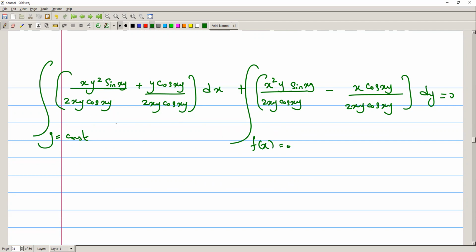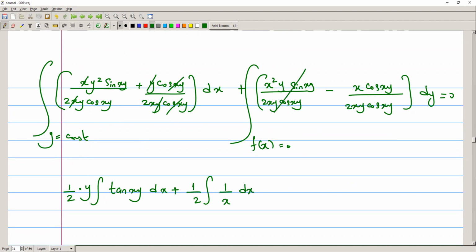So here x and x will cancel out, so we will get 1 over 2 times y as a constant, and inside the bracket we have tangent xy dx plus 1 over 2 times 1 over x dx.